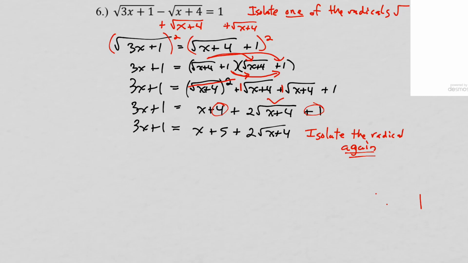Okay, so if we need to isolate that radical, there's a couple things we need to do. Let's move these two guys to the other side. So that's going to be 2x minus 4. And then we need to divide by this 2.